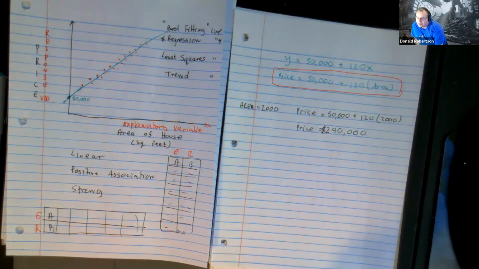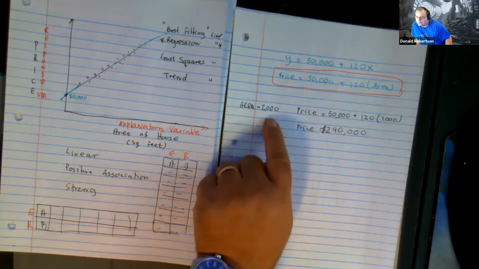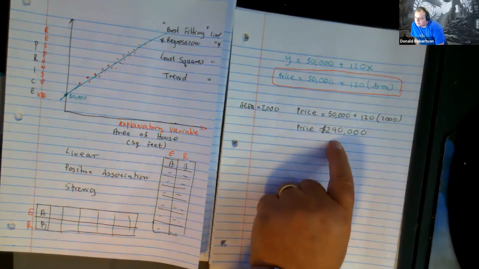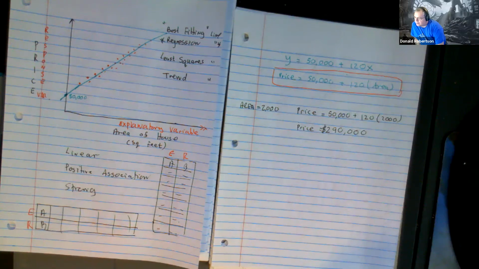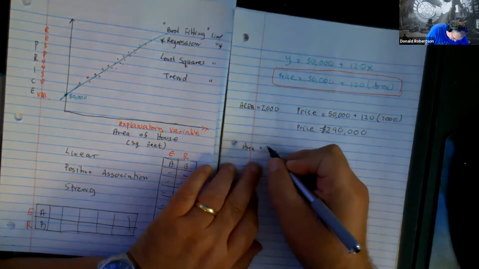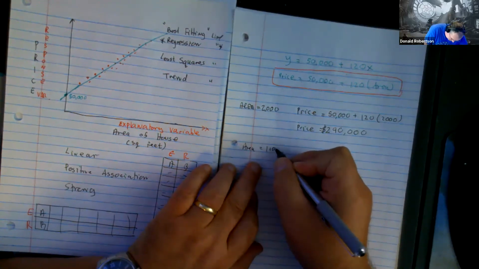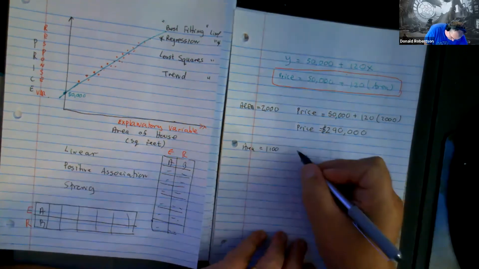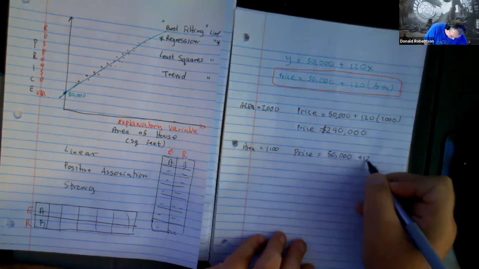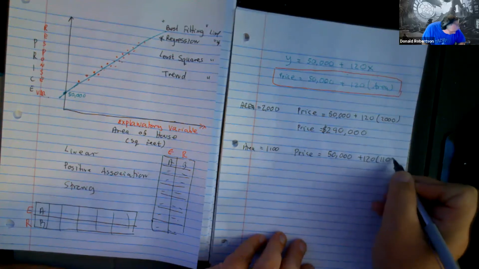Are you comfortable about how, if you ask me to find the price of a 2,000 square foot house, this formula is plug and chug and you got your answer? Seem reasonable? Let's put another one in. Suppose I wanted to buy a very small house. So it's only got 1,100 square feet. Then the price would still be 50,000 plus 120 times the 1,100 square feet.